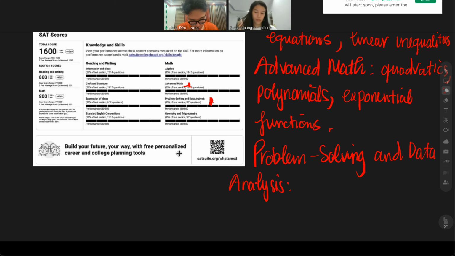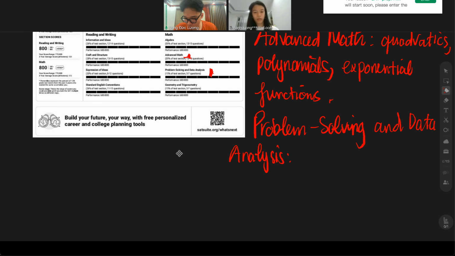So it will test you on word problem comprehension, data literacy, and basic statistics. For this part you will need to know about ratios, rates, and proportional relationships.